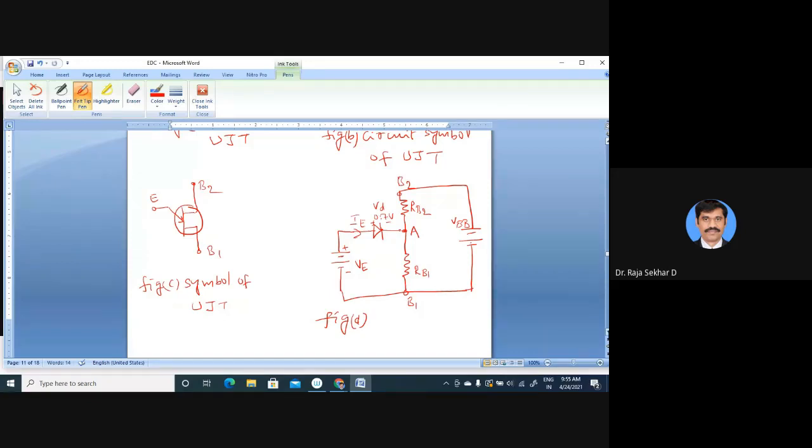So this is the equivalent circuit of UJT. RB1 and RB2 are internal resistances.